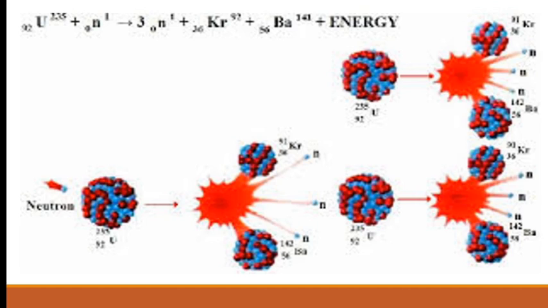Now these 3 neutrons again undergo fission by hitting 3 other uranium nuclei and produce again 9 neutrons, and this process continues. And this continuous reaction is called a nuclear chain reaction.